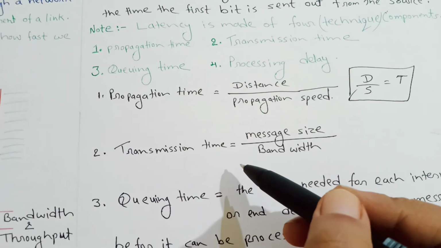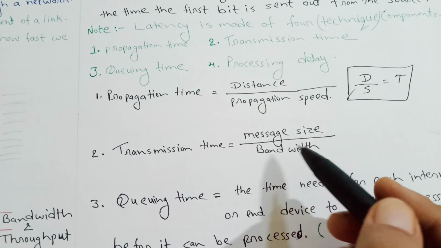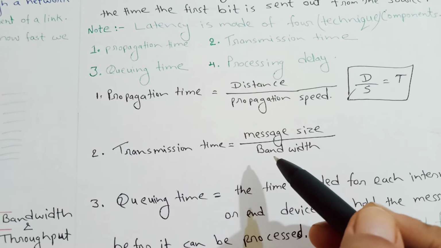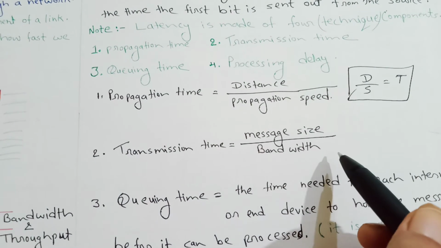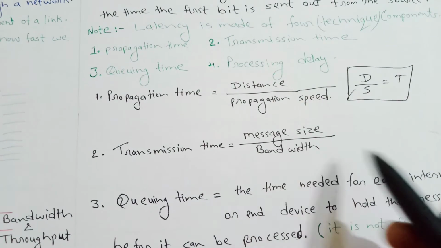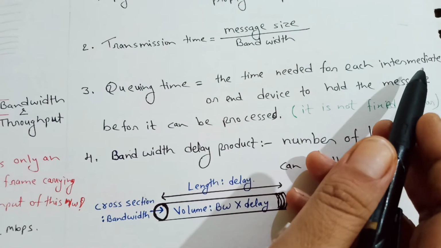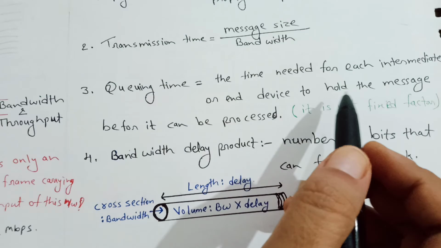And transmission time is message size by bandwidth: the size of the message divided by the bandwidth through which the message will pass.